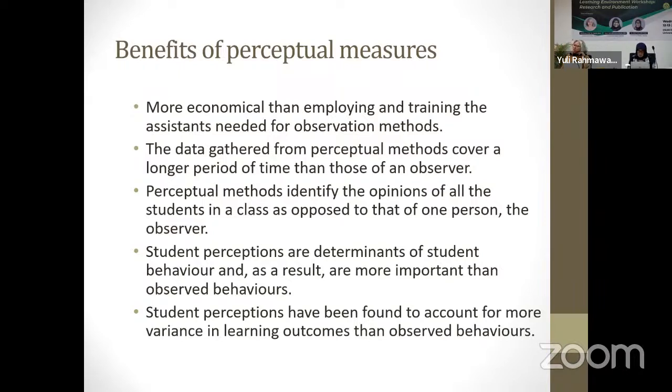So there are quite a few benefits of getting perceptual data, and the main one is that it is very, very economical, and you can target a larger population, which is impossible if you do observations or interviews.